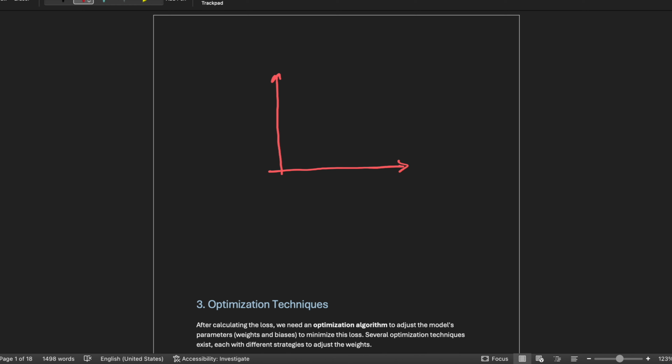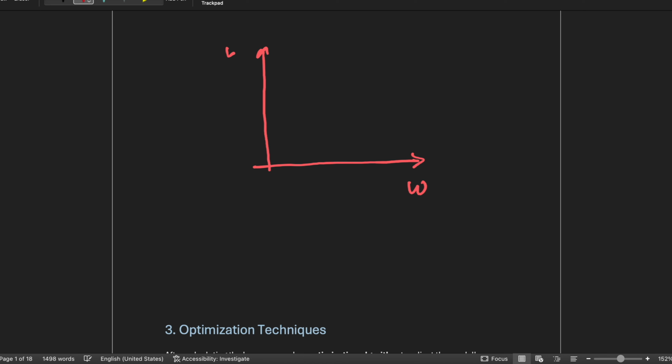Suppose there is a single parameter. We already know that in deep learning there are many parameters in neural networks. Just suppose there is a parameter W and there is a loss. Suppose the loss curve is a quadratic curve. Let's make this curve, and what we are trying to do is reach this point. We have to reach the optimum solution where the loss is minimum.